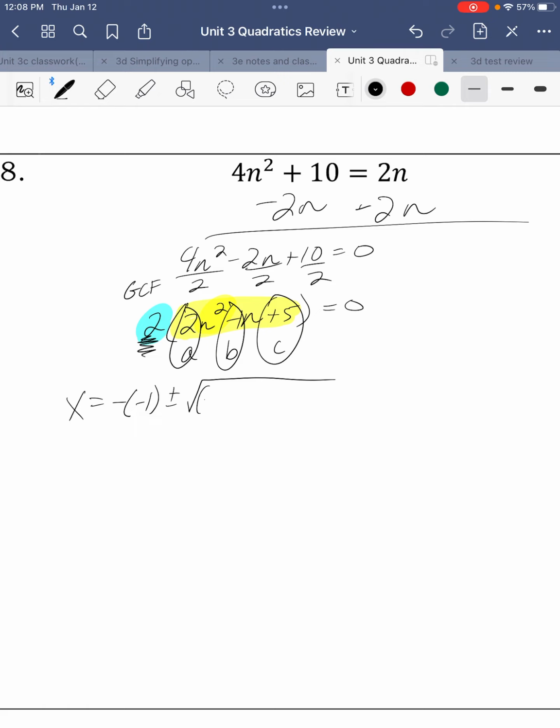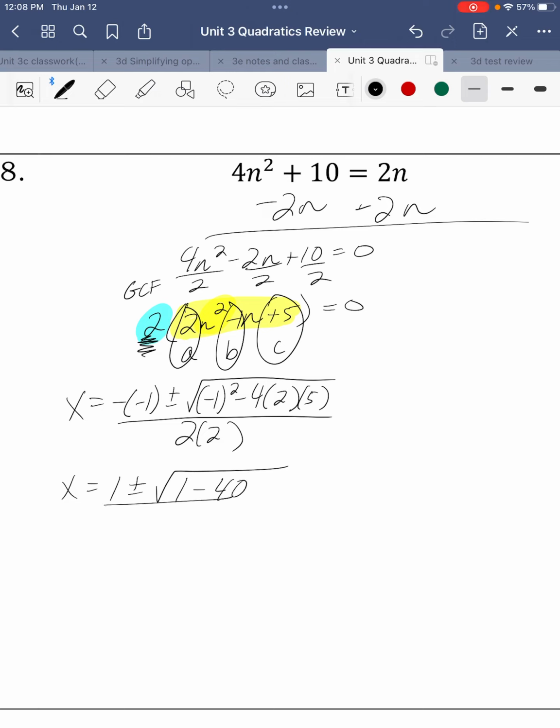So it's going to be x equals opposite of -1 plus or minus the square root of -1 squared minus 4 times a times c, all divided by 2 times a. X equals opposite of -1 is +1 plus or minus the square root of 1 minus 40, divided by 4.